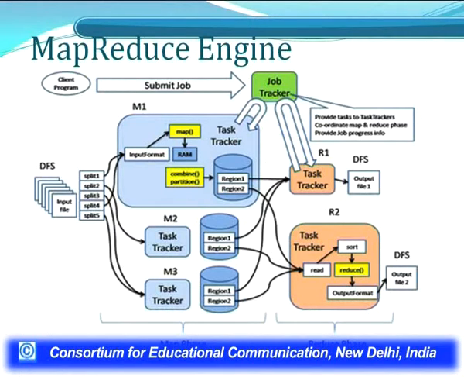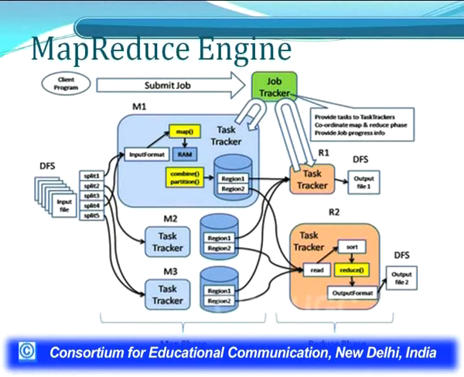After the job tracking, from M1, M2 and M3, you will be able to know the output file 1 and output file 2. You can see here the task tracker starts and produces the output.